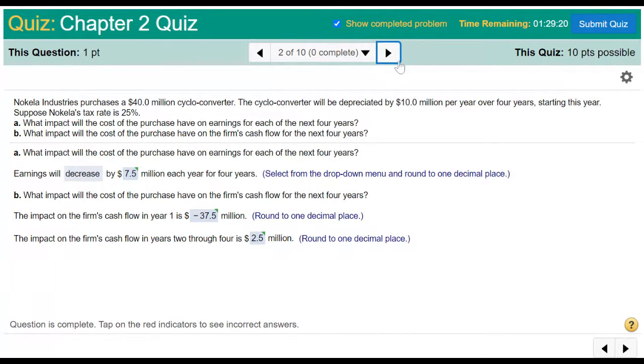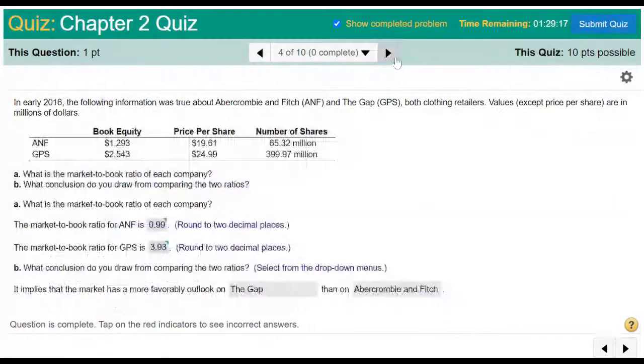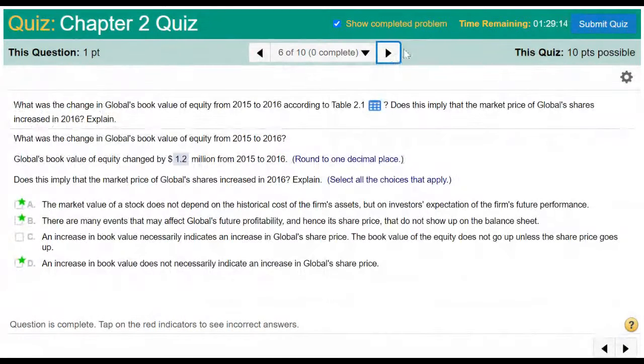I'm going to show you on the homework, okay? Hold on 1 second. Can you see it?